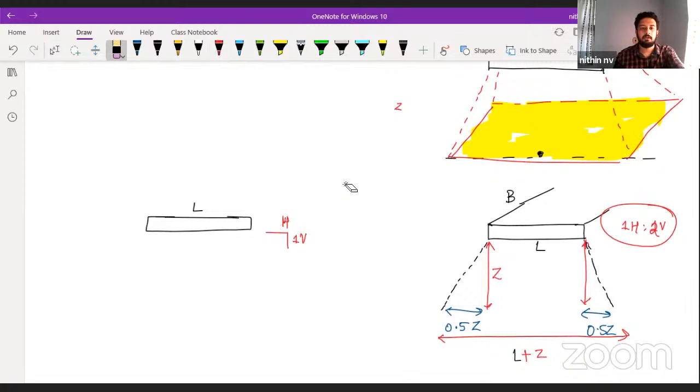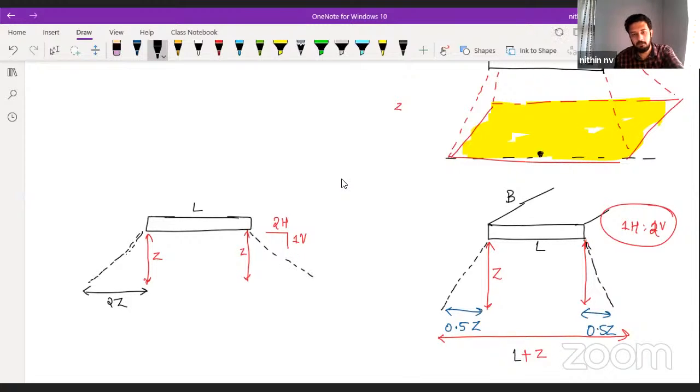Now tell me, for a depth of Z, this is Z. Tell me how much will be horizontal. Everyone please comment. How much extra will come here? For 1 vertical, we have 2 horizontal. So here we will be getting, very good, 2Z.